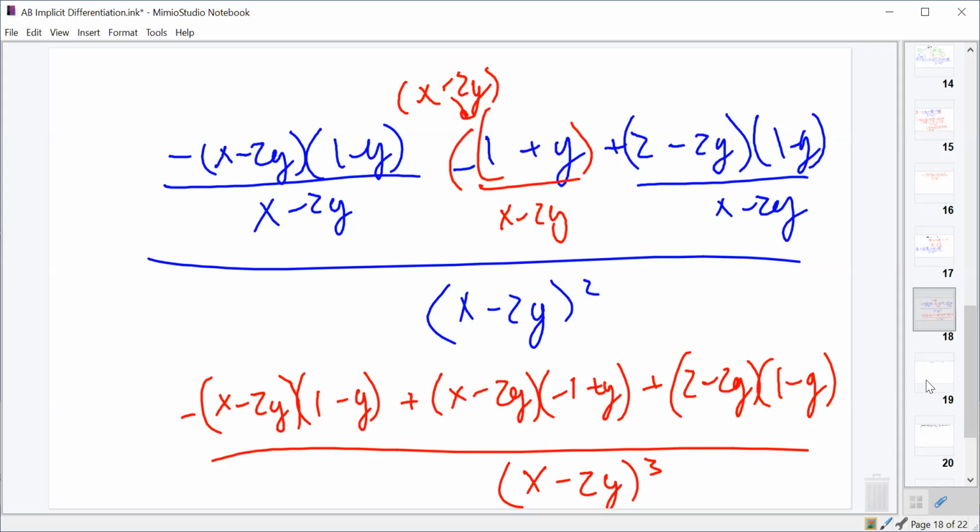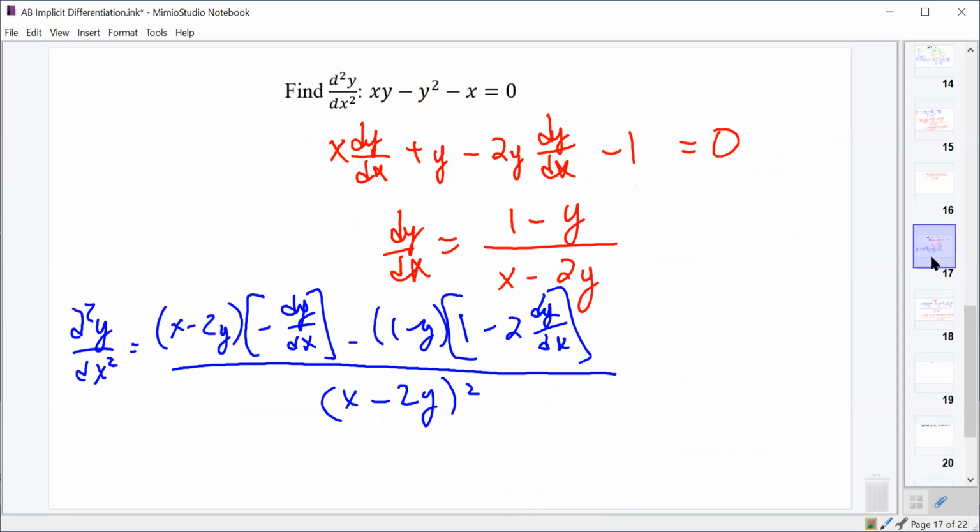Everyone good? Any questions? Any issues with that? How did you get the 2 minus 2y times 1 minus y over x minus 2y? Down here, we were distributing the minus 1 times the negative 2 dy dx.